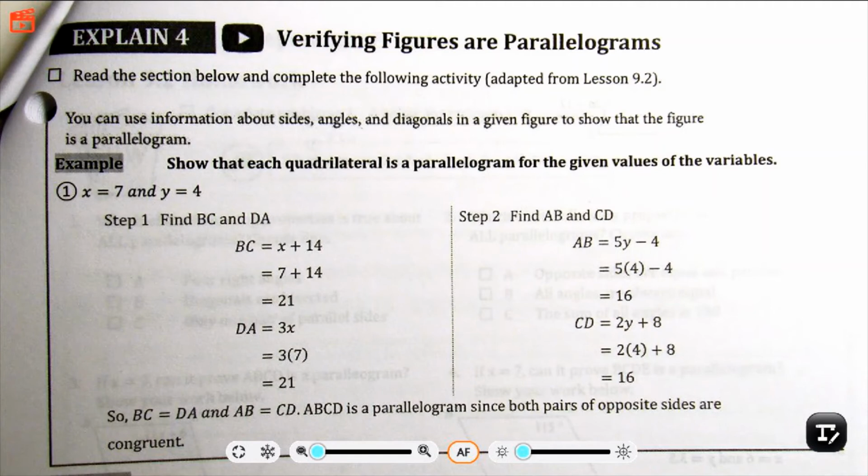And then, sorry, not angle P, angle R is 9B plus 25. So that is 9 times 9 plus 25, which becomes 81 plus 25, and 81 plus 25 is 106 degrees.